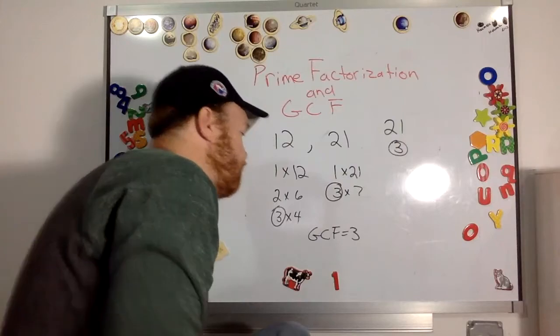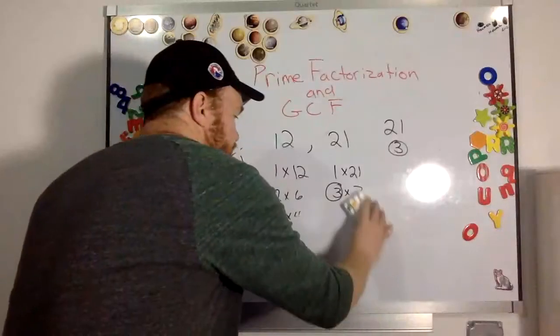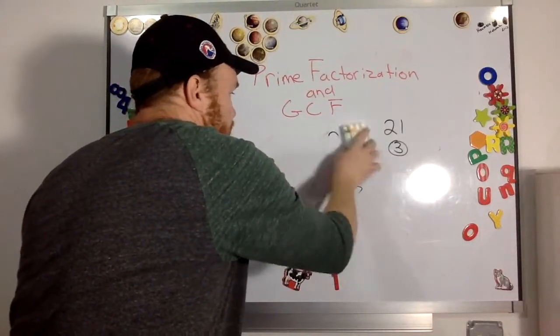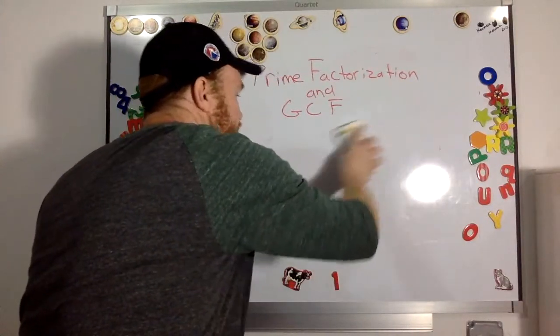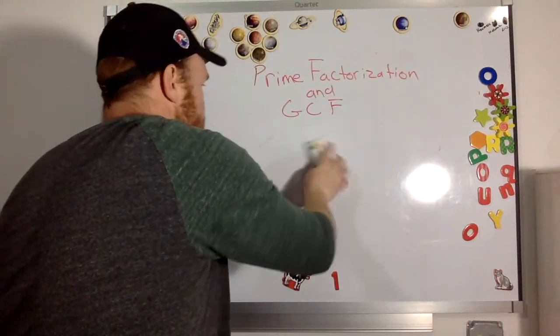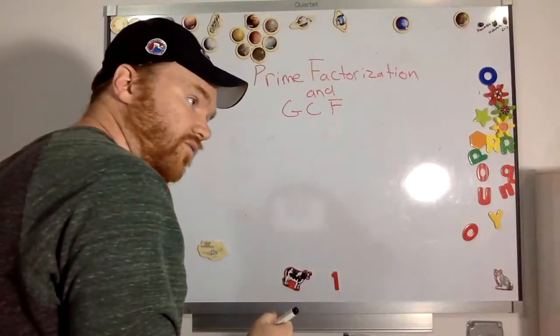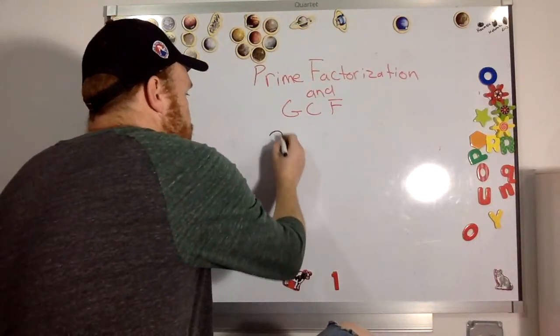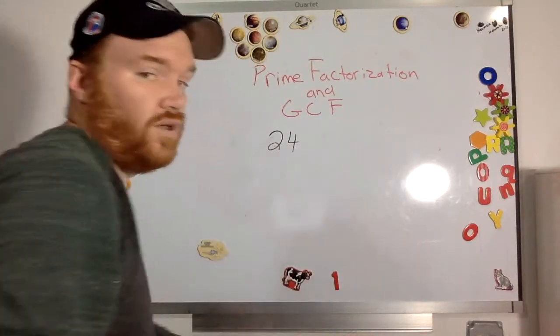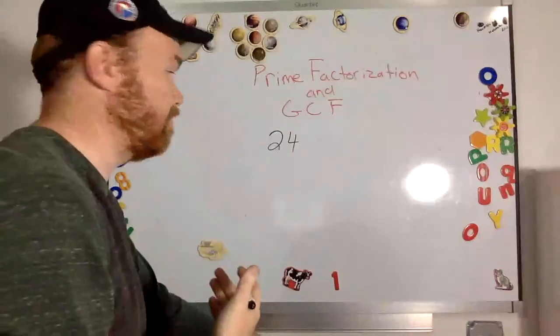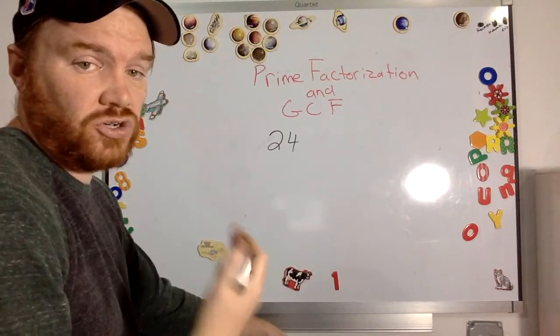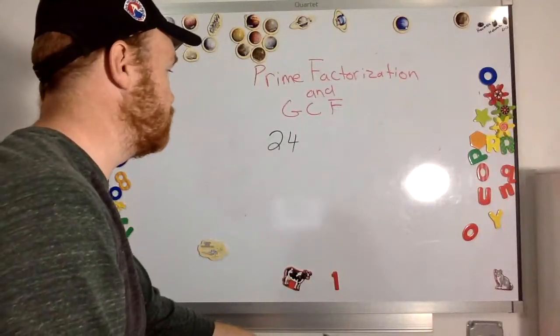But we can also find the greatest common factor if we go ahead and break down two numbers into their prime factorization. For this one, I'm going to do 24 and 42. I'll break it down a little differently than before to show you that it doesn't matter which ones you start with.